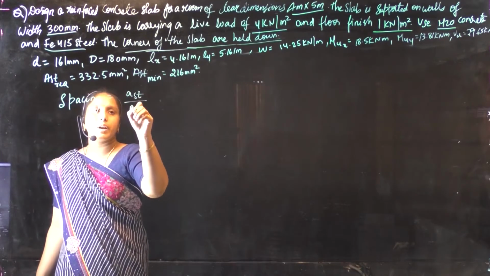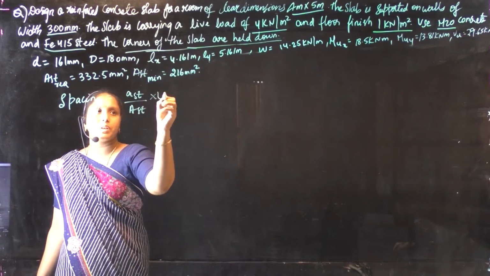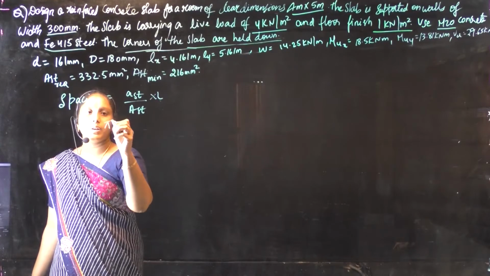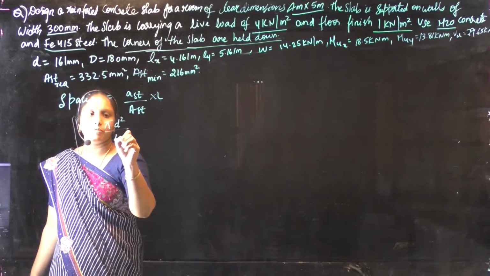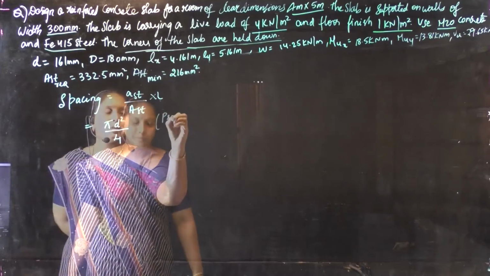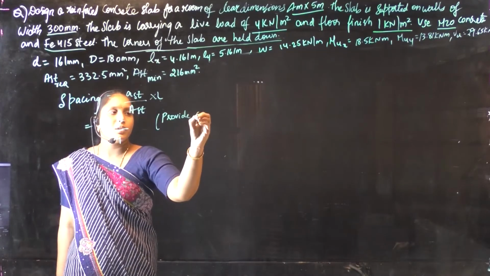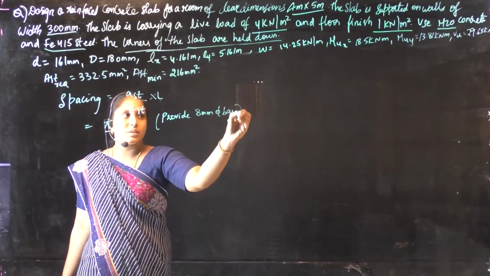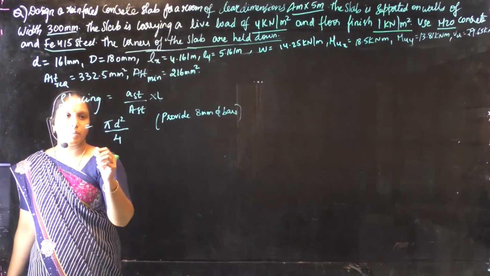Spacing is small ast divided by capital Ast into L. Small ast is pi into d square by 4. I will provide 8 mm dia bars.